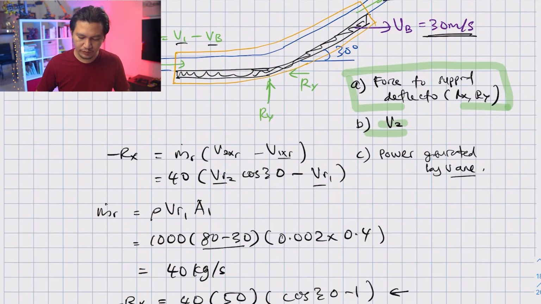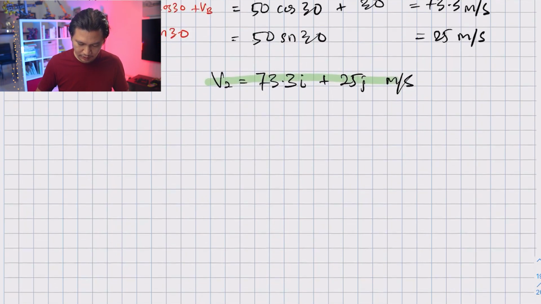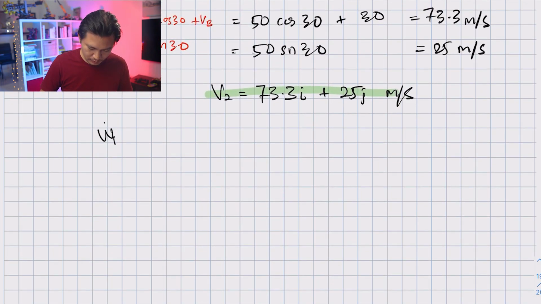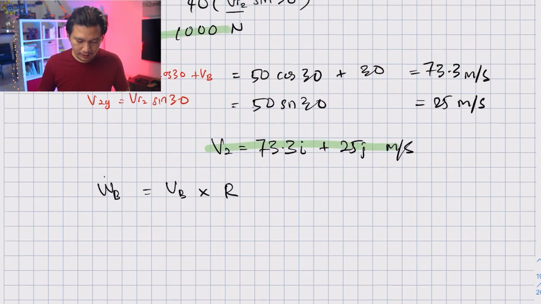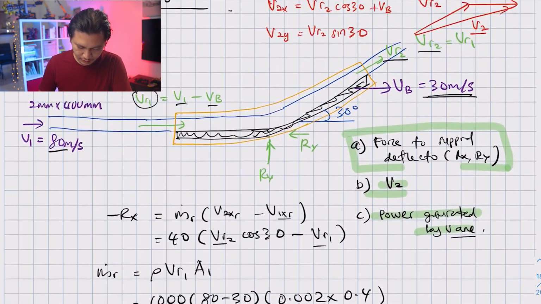That is your V2. And finally, question C is asking for power generated by the vane. Now, this is actually quite simple because power is simply velocity times force. So power, let me call this W dot body, is equal to velocity of the body times force. But now, do you select Rx or Ry? Let's take a look again at the figure.